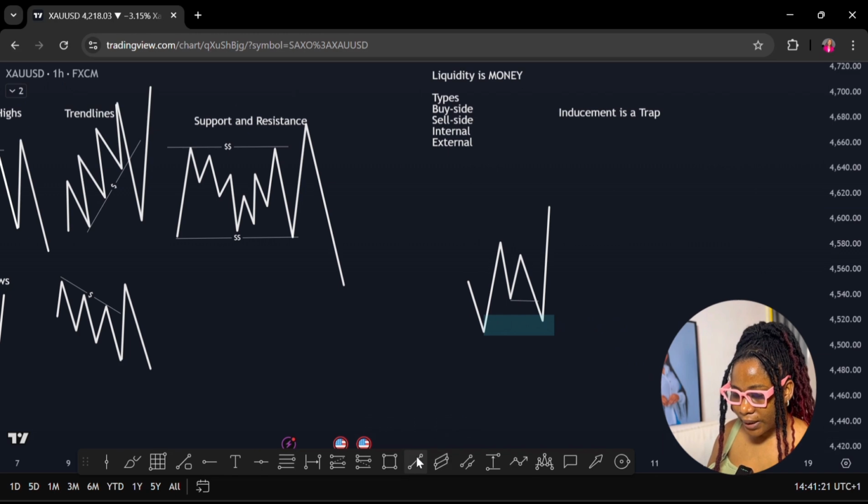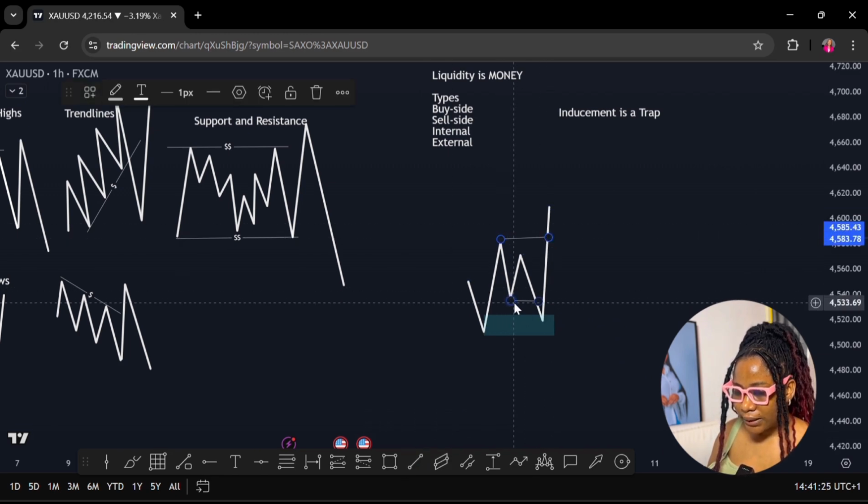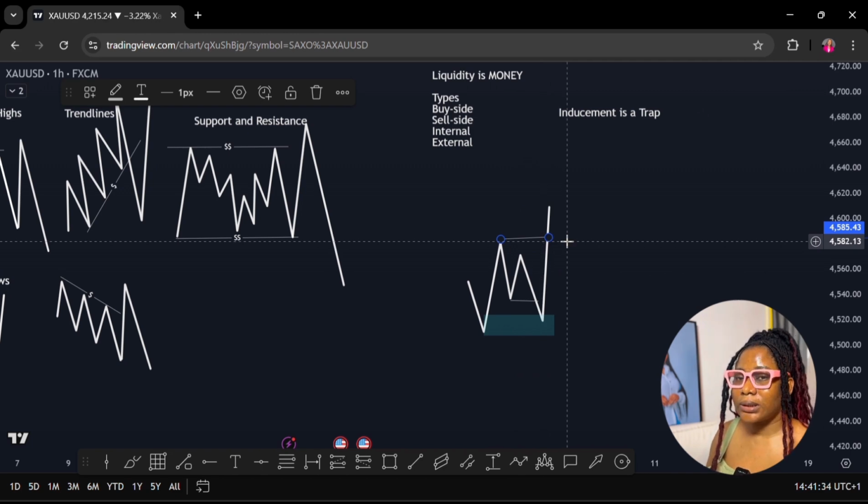And then we get a break of structure. Now this is an internal range liquidity, while this swing high is an external range liquidity. Our external range liquidity comprises swing highs and swing lows, while our internal range comprises inducement, fair value gaps, and linear liquidity. Those are all internal liquidity.